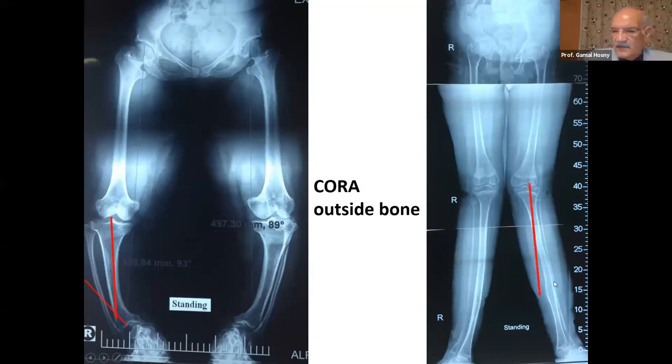Again, severe valgus deformity, tibial deformity. If you draw the mechanical axis of the proximal segment and the mechanical axis of the distal segment, they are going to meet outside the bone. That means we have a multi-apical deformity. So if the proximal axis and the distal axis meet each other outside the bone, that means you have a multi-apical deformity. We have more than one CORA.